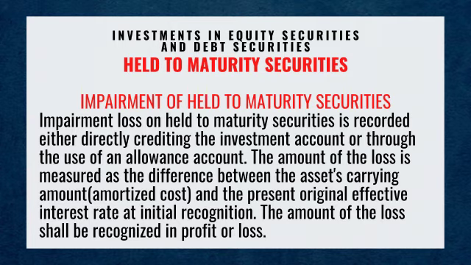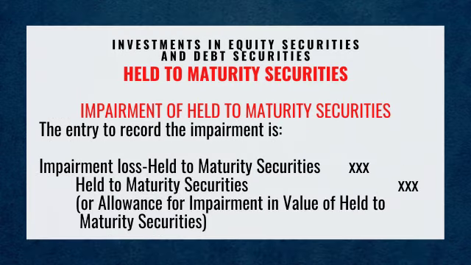The amount of the loss shall be recognized in profit or loss. The entry to record the impairment is debit impairment loss, held to maturity securities, and credit held to maturity securities or allowance for impairment in value of held to maturity securities.